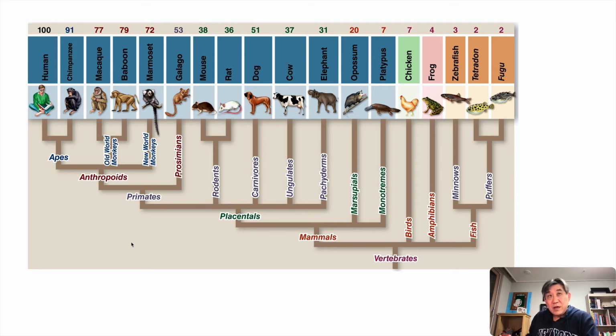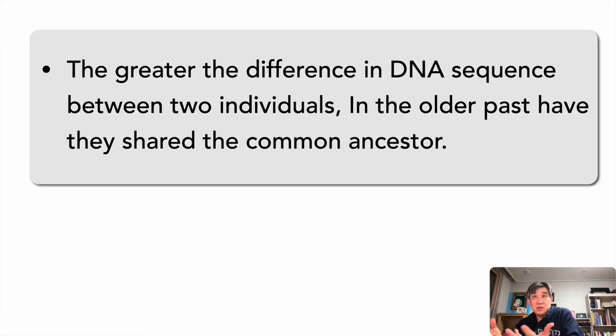So you better have some kind of strong theoretical foundation for why you can legitimately and reliably utilize DNA sequence comparison in comparing their evolutionary relatedness.